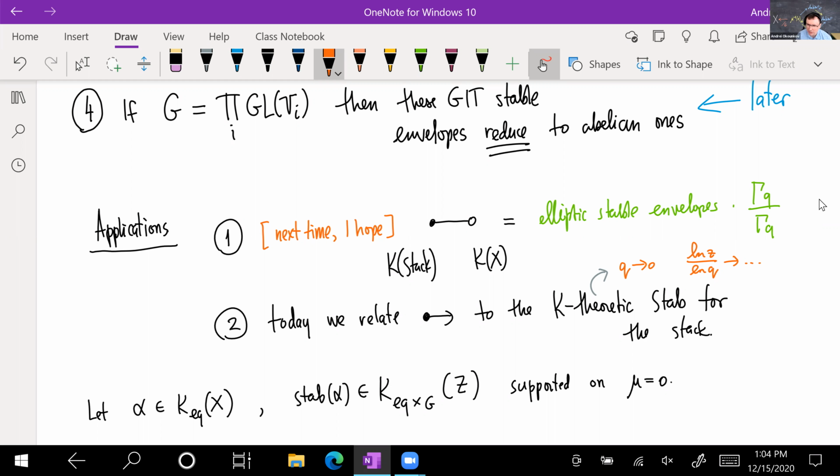So the general non-abelian statement is you can make a very similar statement without the moment map. So maybe let me say it like that.